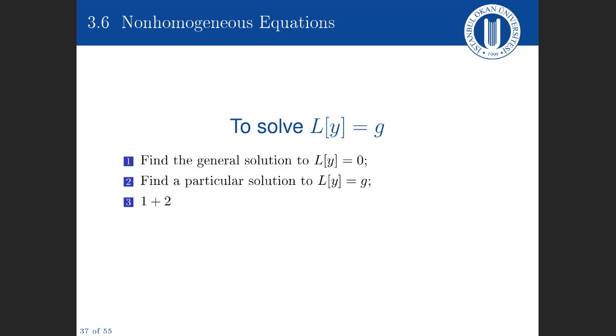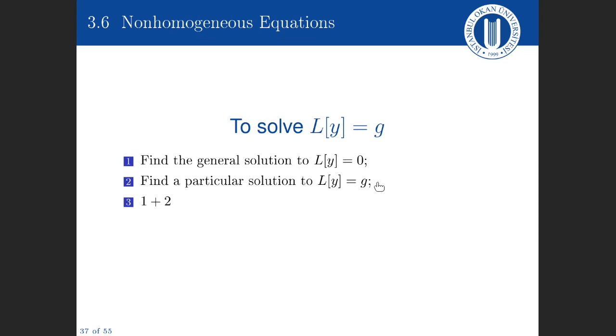So what's our method to solve a non-homogeneous equation? If we want to solve the non-homogeneous equation L of y is equal to g, using my shortened notation from yesterday, step 1, we find the general solution to the homogeneous equation corresponding to our equation.